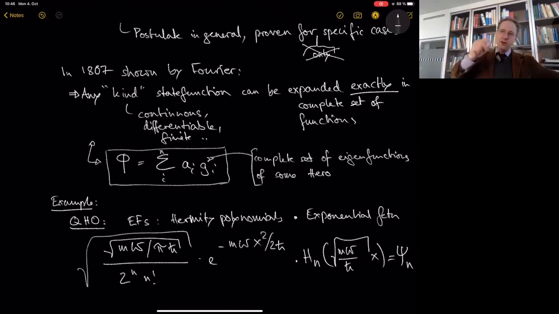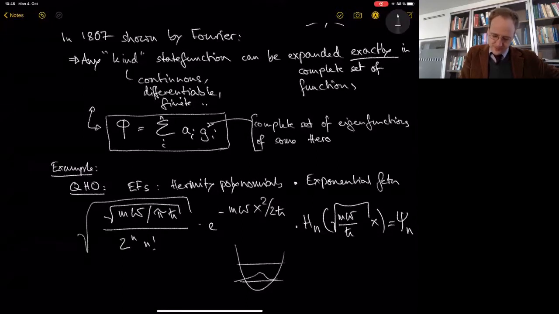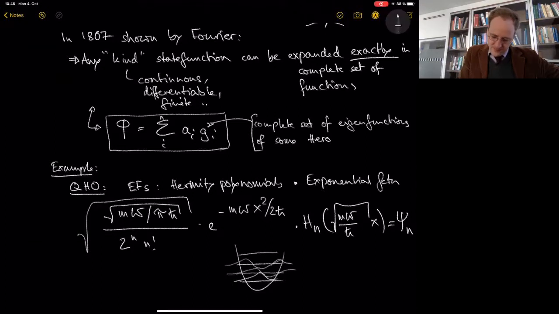You get the different number of nodes and so on, right? So you know this picture, I presume. This was a bad drawing, but this could be the third level. So you know these pictures, right?